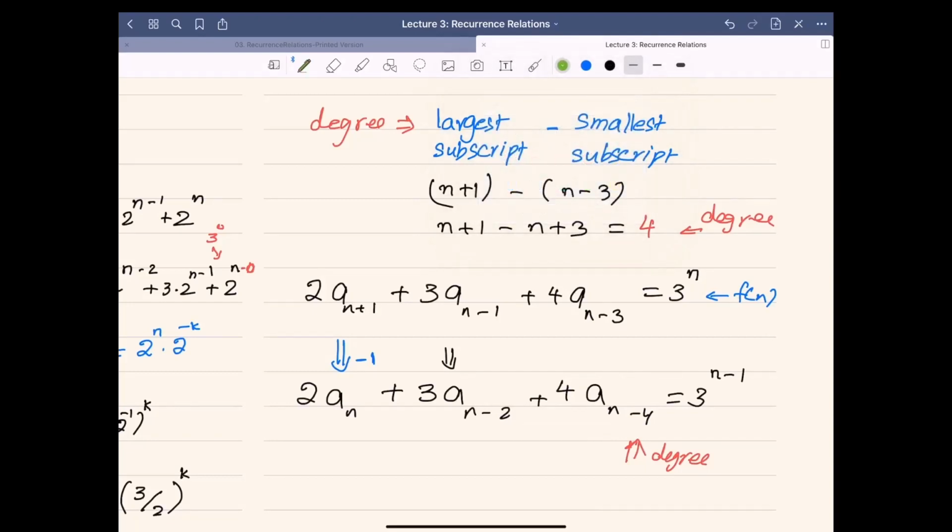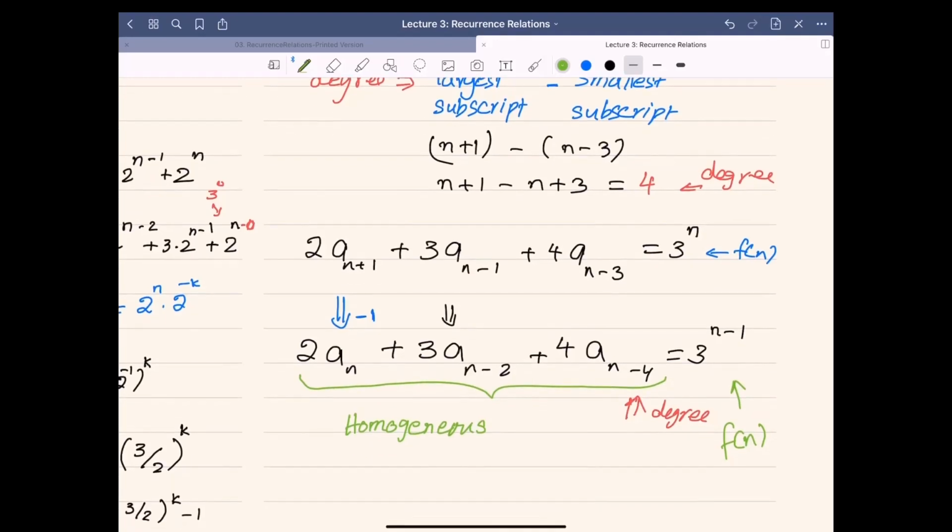And the function on the other side is the function f(n) of the recurrence relation. If you have a recurrence relation that you can write in a standard form and you know the degree, then there are some systematic steps that we can follow to find the solution directly without iterations. This is what we are going to talk about in the next slide.